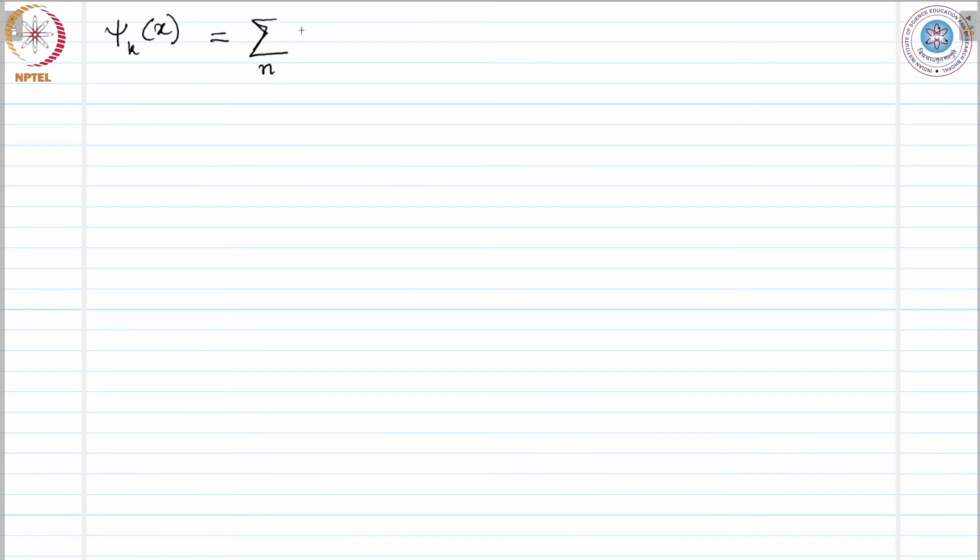Sum over n of Cnk, these are the coefficients of the plane waves, then the normalization constant 1 over square root of L, e power i times k plus hn times x. This is the expansion for any generic wave function psi k x.